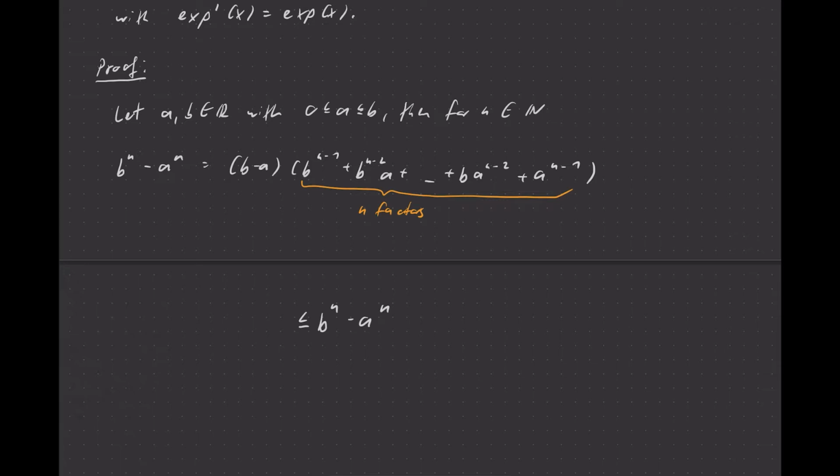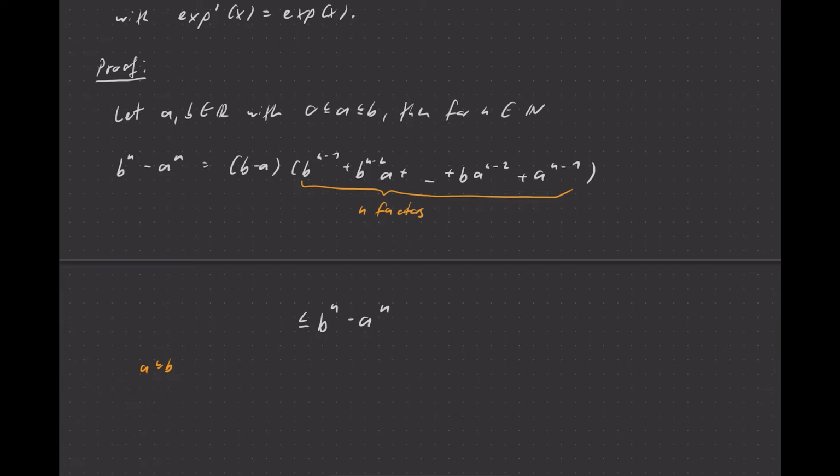And that comes from the fact that a is less or equal to b. Now if a is less or equal to b, of course that implies if we replace every occurrence of b here by an a, then the whole sum decreases, or at least does not increase. So instead of the b's, we get a, so we get a^(n-1), we get a^(n-2) times a, which is again a^(n-1), and so on.